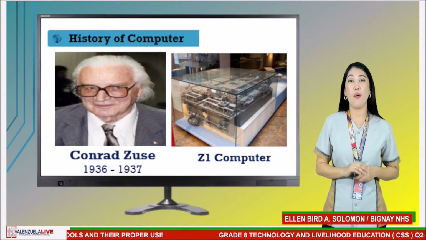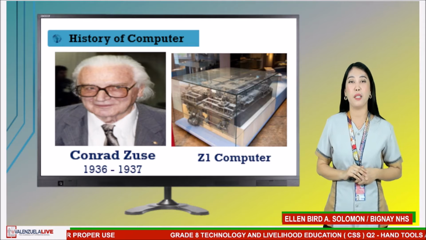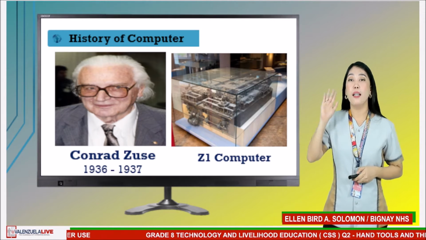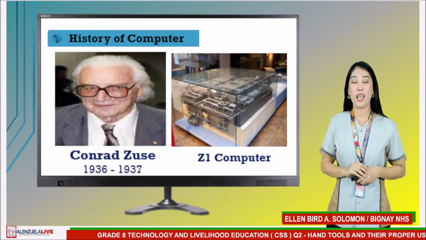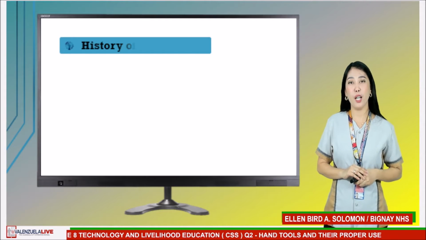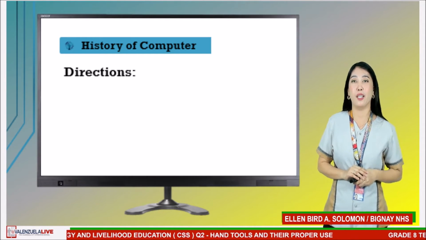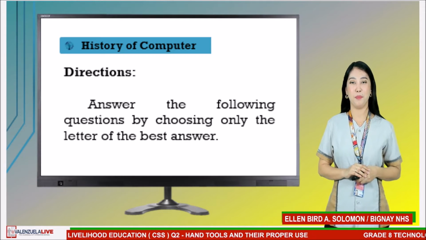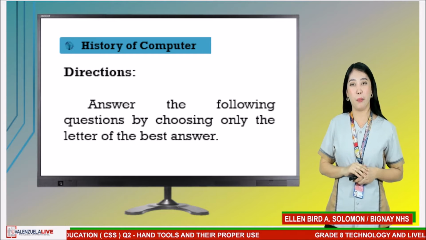Let us now answer the following questions for me to test if you listened well and learned something. The directions will be to answer the following questions by choosing only the letter of the best answer. You have 5 seconds again to answer each number.